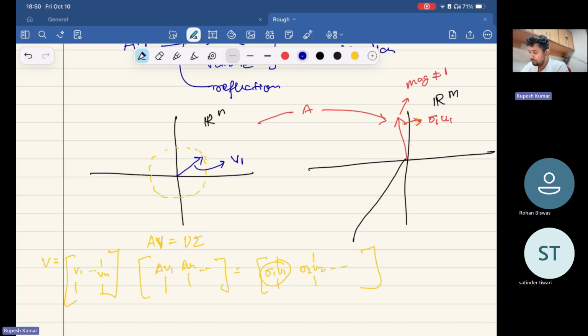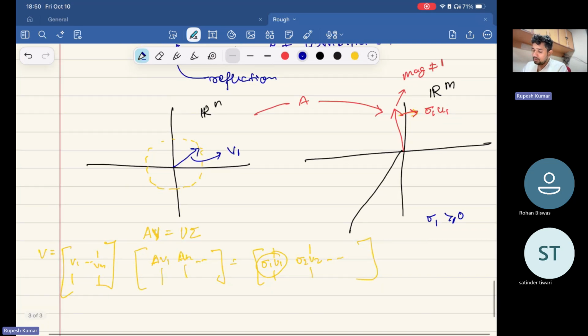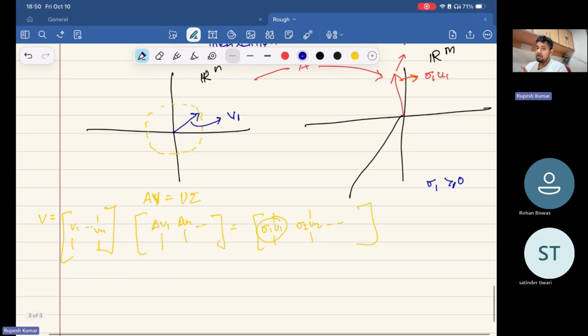First of all, it has some scaling factor sigma 1, which is non-negative, right? Sigma 1 has to be positive. Second thing, something that you will see in future if you go more in depth about SVD, is that this will be the largest scaling that you will observe in the output space. So let's say I choose multiple vectors like V2, V3, V4, and I transform them all.